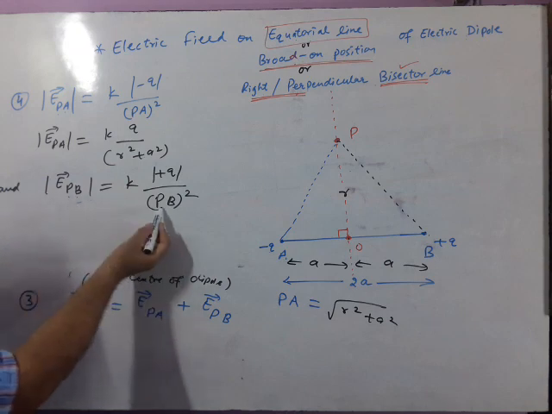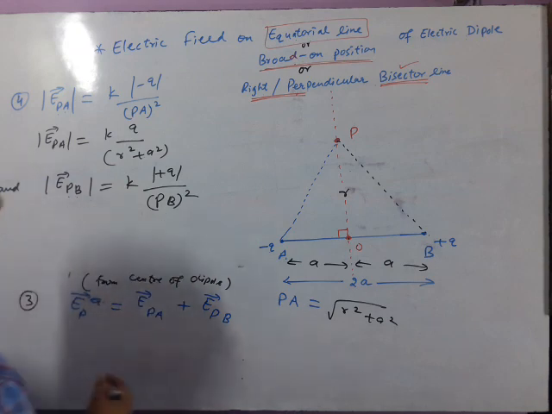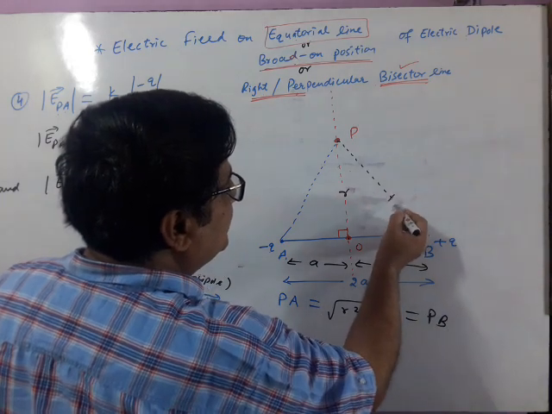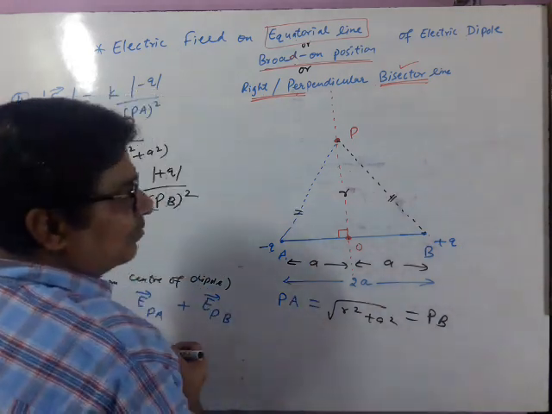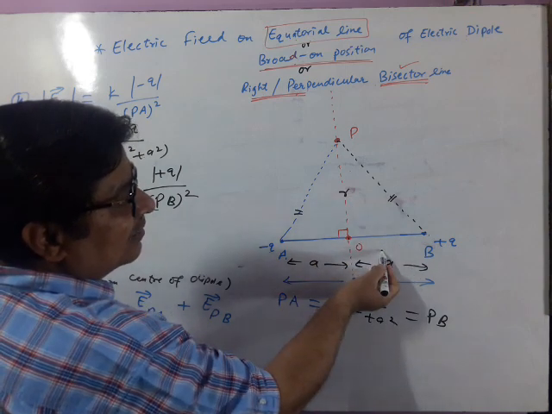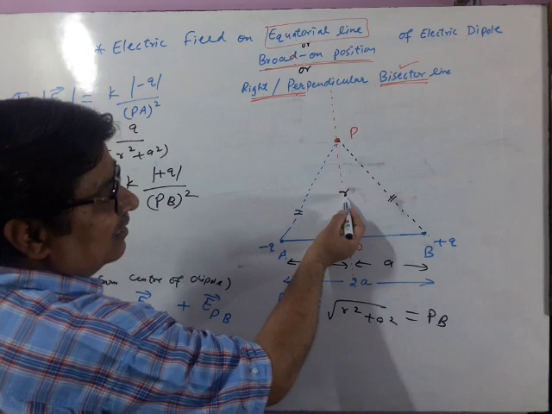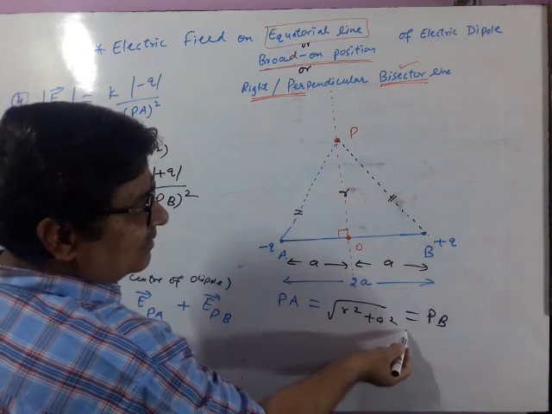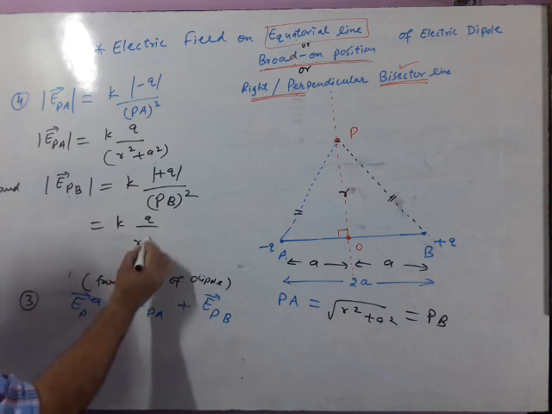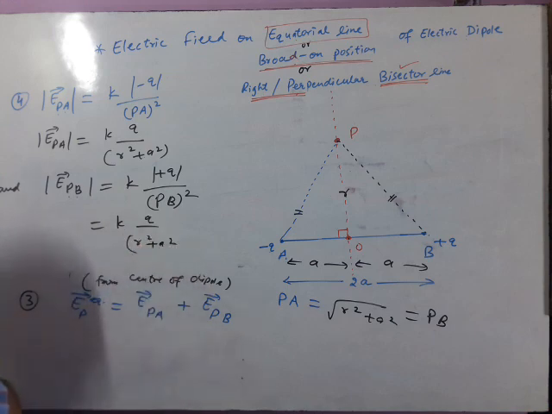PB written, it is PB square. Now what is PB? You will see PA and PB, these two distances are equal. Why? It is an isosceles triangle. Under the root r square plus a square, same. So you will write it here, it is kq by r square plus a square.